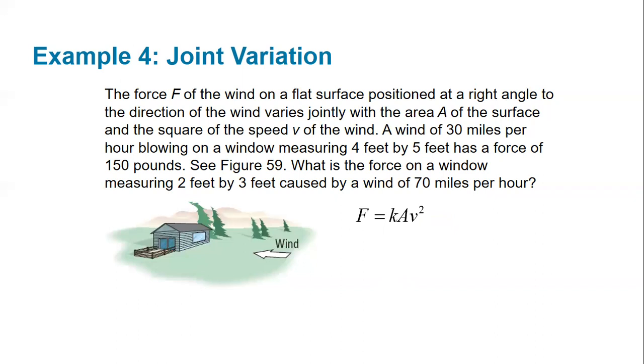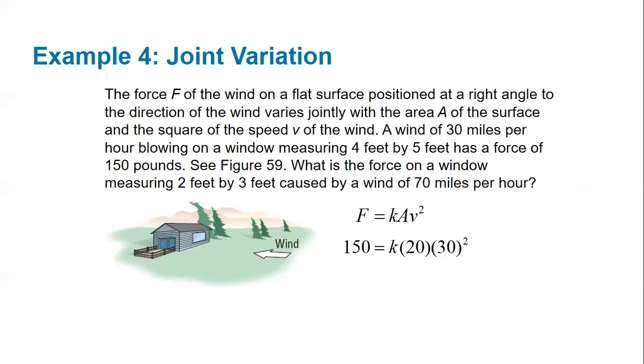So they give us enough information, so we're going to solve for our K, because in order to have a formula, you need to know what K is. Does that make sense? It told us the window measuring 4 feet by 5 feet has a force of 150 pounds. So using that information, I know my A, the 30 miles per hour, the speed, and the force.